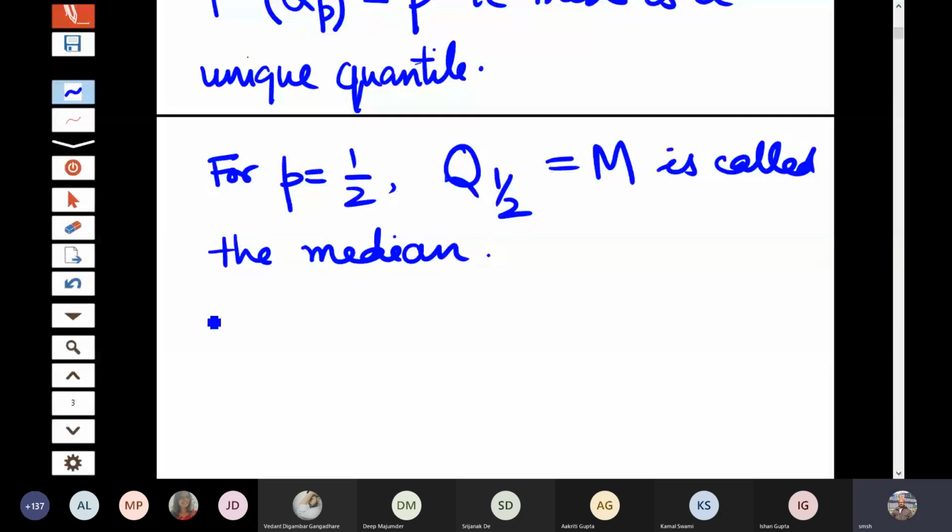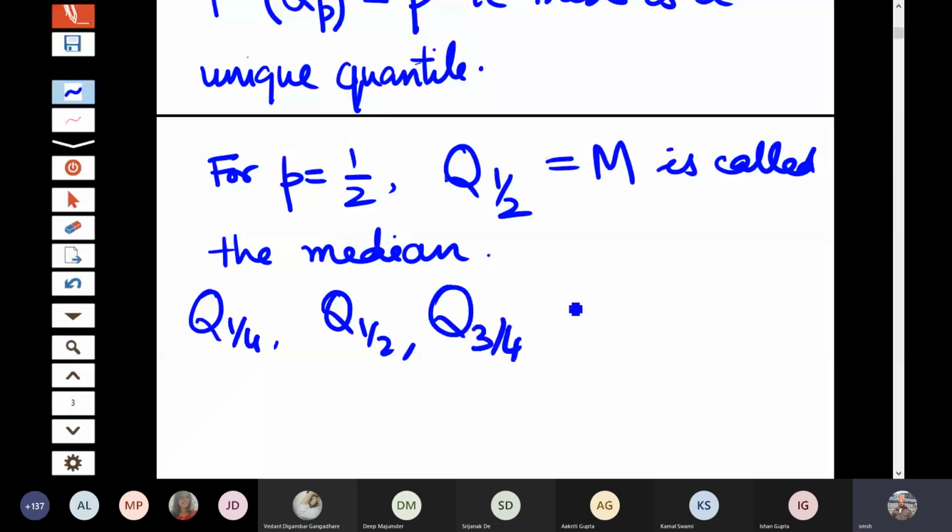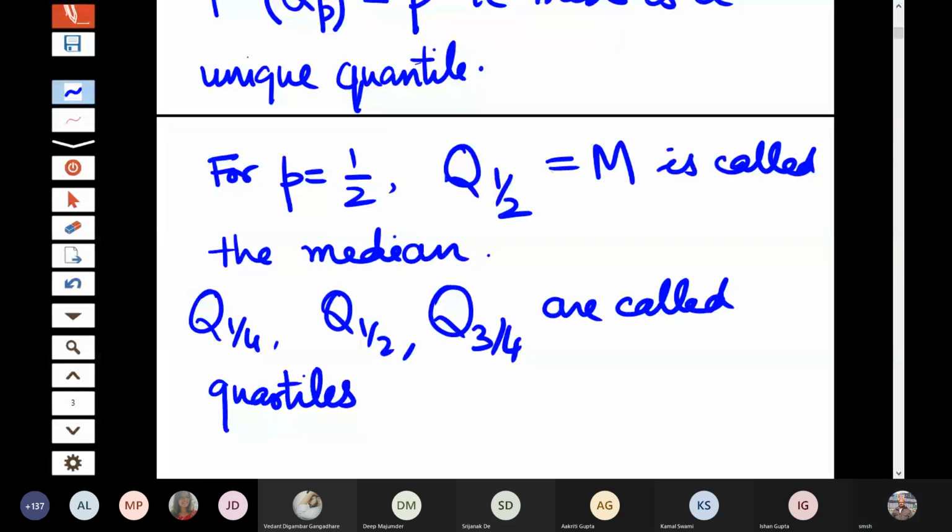And similarly, Q of 1 by 4, Q of half, Q of 3 by 4, these are called quartiles. That means we are dividing the distribution into 4 parts.